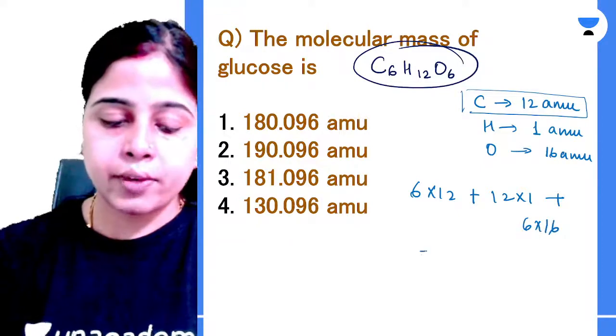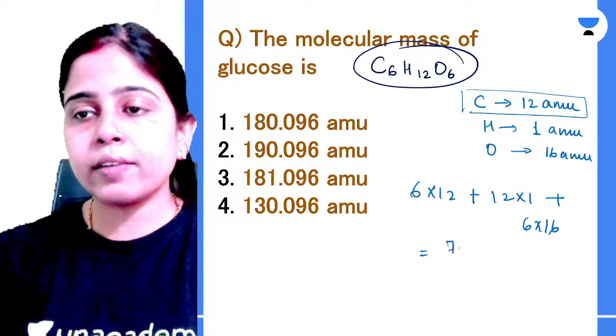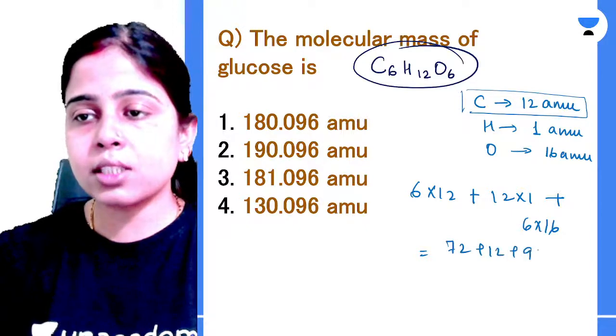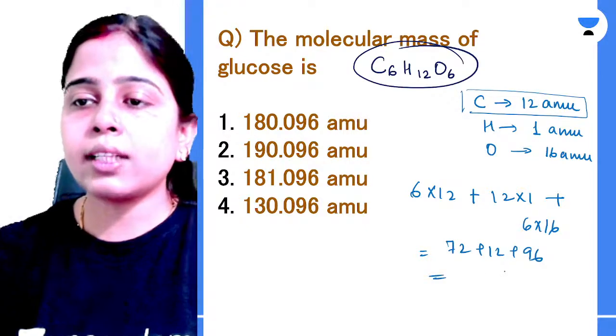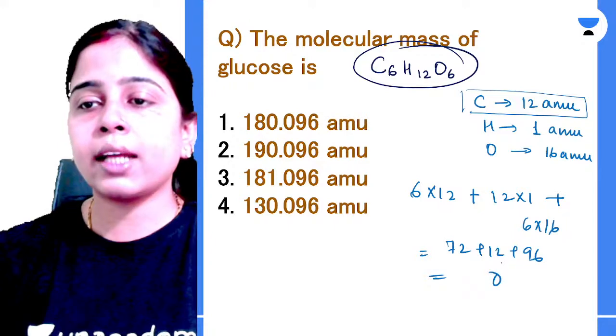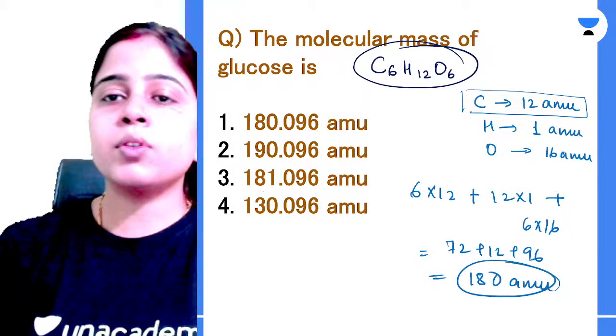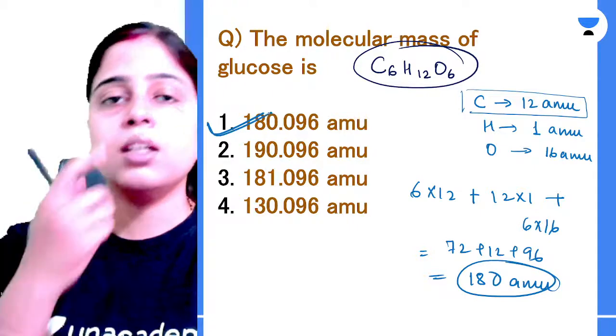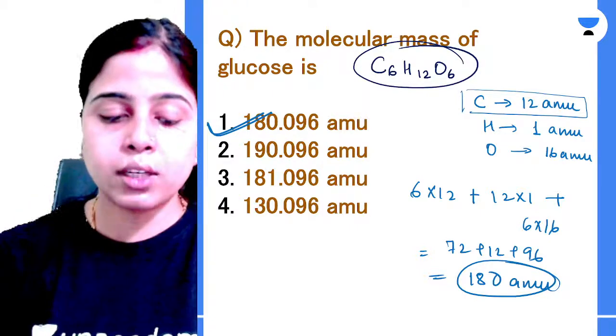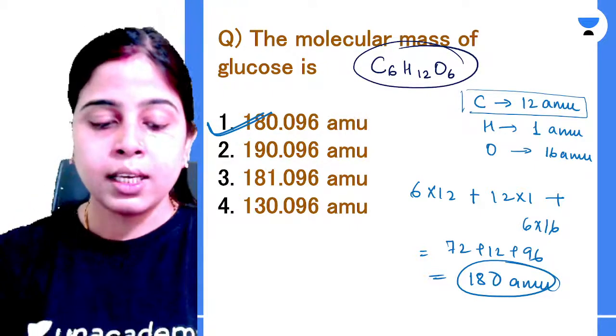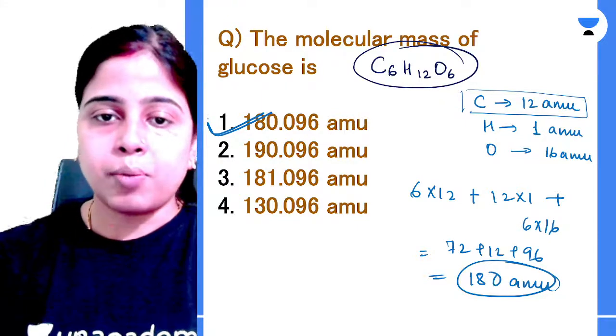So 72 plus 12 plus 96. The answer we are getting is 180. So 180 AMU is the correct answer. So option 1 is the correct one. This way you can find out the molecular mass of any compound.